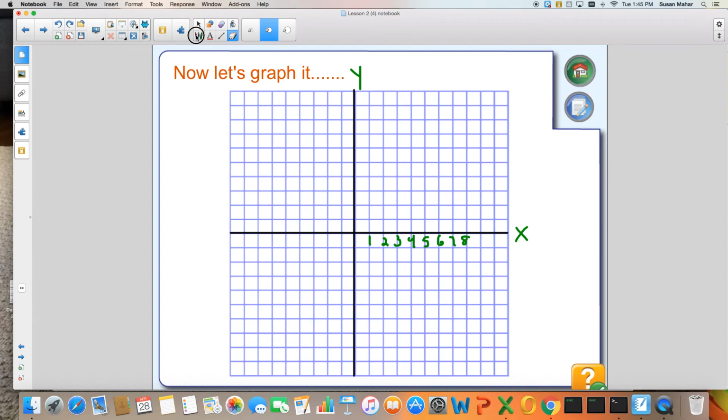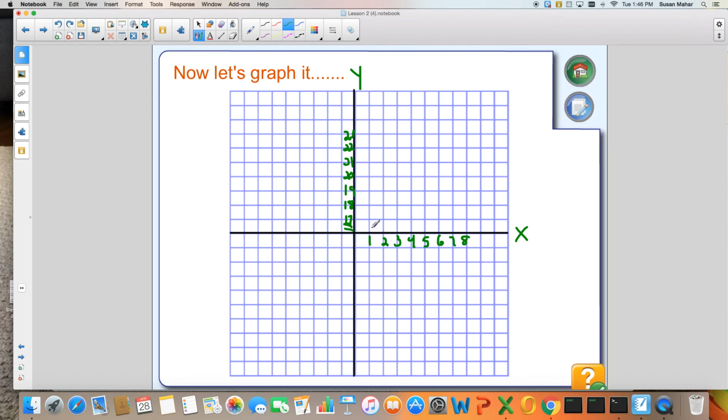And I could start at 15. Or I could start at, we'll say 17, and go 18, 19, 20, 21, 22. The main thing to remember through all of this is that your interval has to be the same.